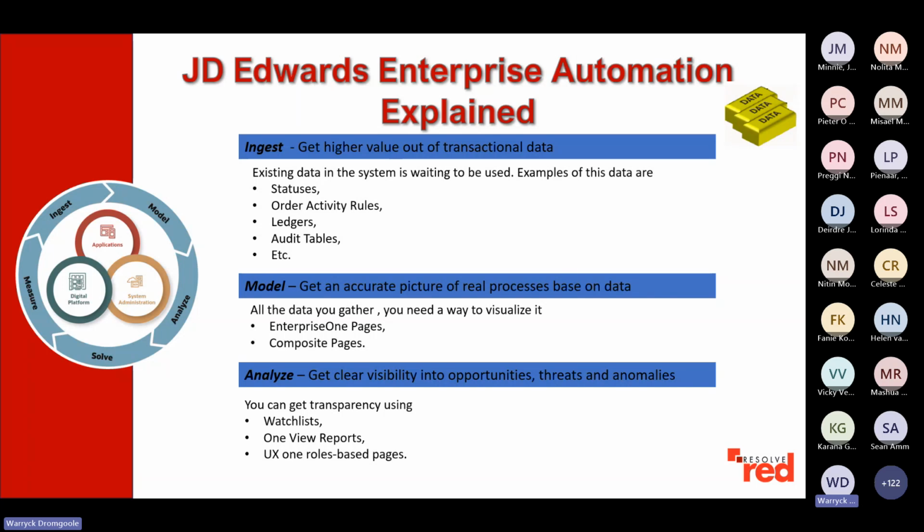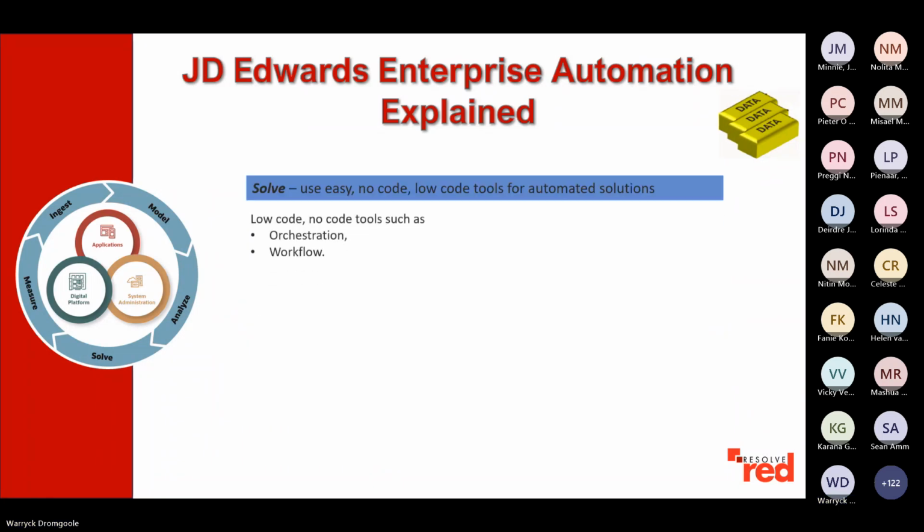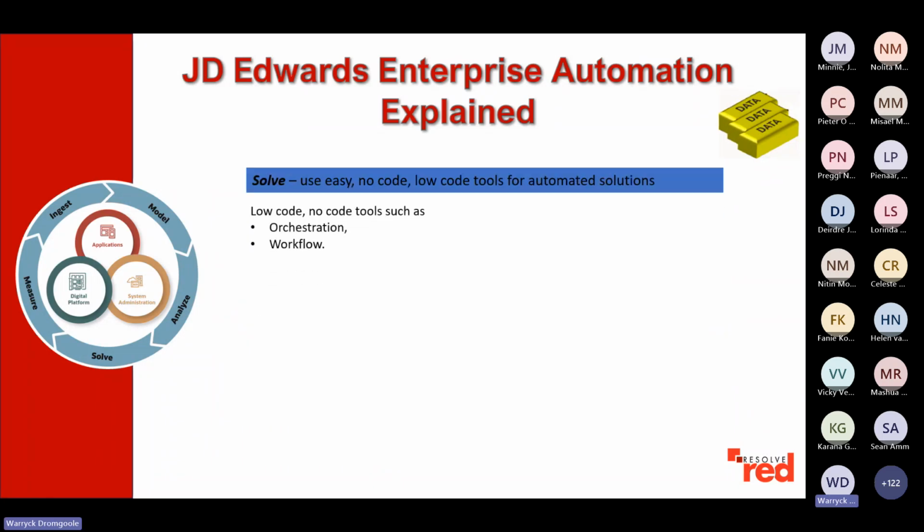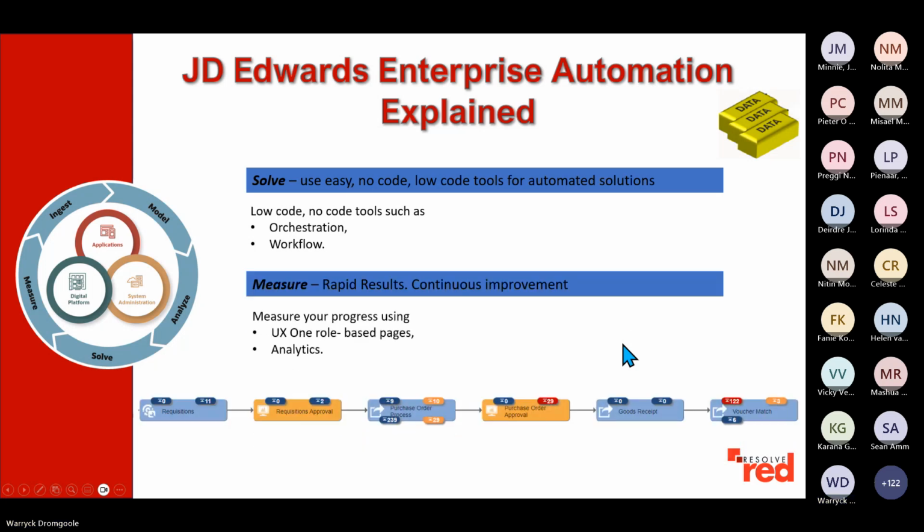You can get transparency using watch lists, OneView reports, and UX1 role-based pages. Solve, use easy no-code, low-code tools for automated solutions, tools such as workflow and orchestrations. Measure, rapid results and continuous improvements. You can measure your progress using UX1 role-based pages or analytics.